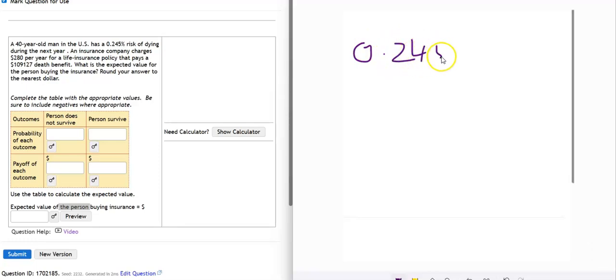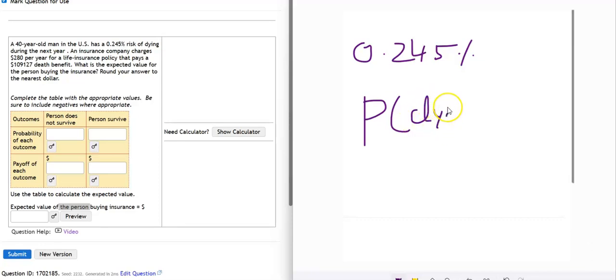So here's the scenario: a 40 years old man in the United States has a 0.245% chance of dying during the next year. So this number is the probability of dying.